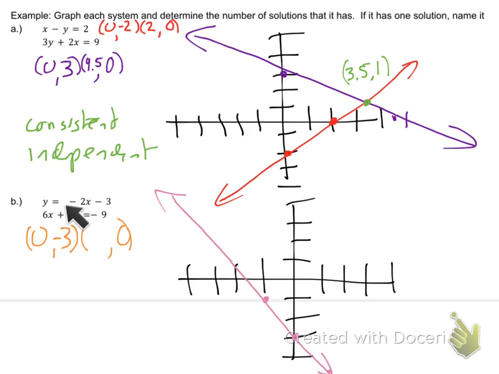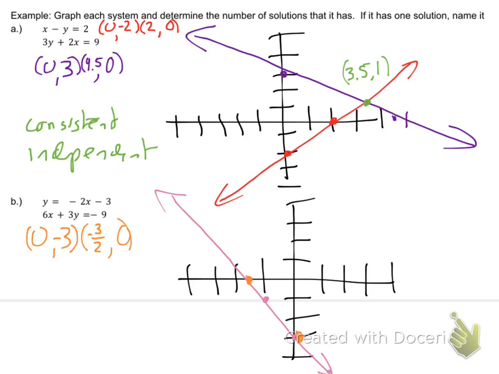And then I find out that if I divide -9 by 6, I do believe I'll get -3/2. That's kind of interesting, because 0, -3 is the exact same point that I had graphed for the y-intercept there. And then I have to go to -1.5.